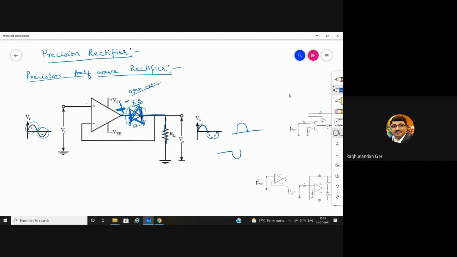So by using precision rectifiers, we can avoid the cut-in voltage loss which we suffer in our normal rectifier. The advantage of this is the ability to rectify even a very small voltage, lesser than 0.7 volt.